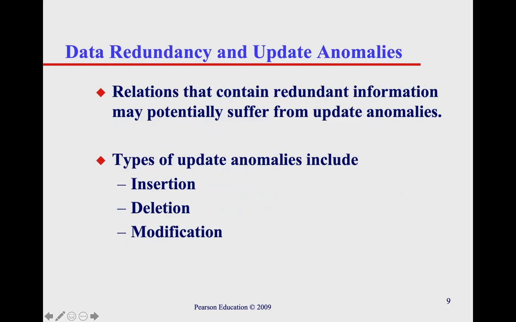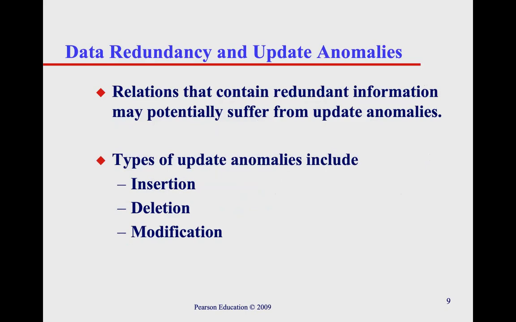Okay, so as I just went through, there are three types of anomalies that we could come up with. Modification means update anomaly. And it also turns out that anytime you have an insertion anomaly, you have a matching deletion anomaly.